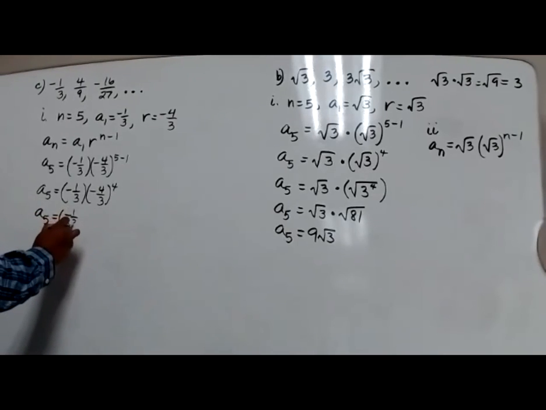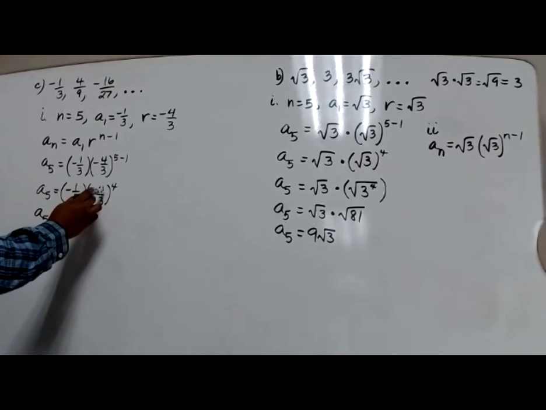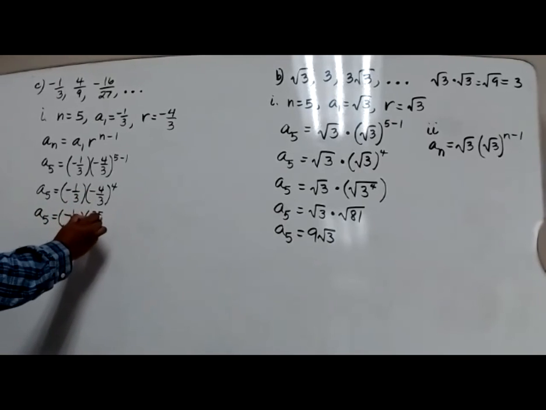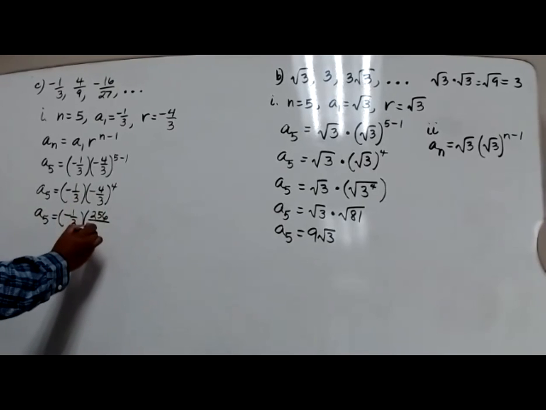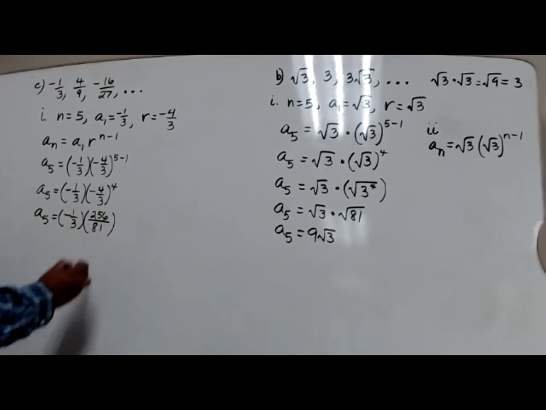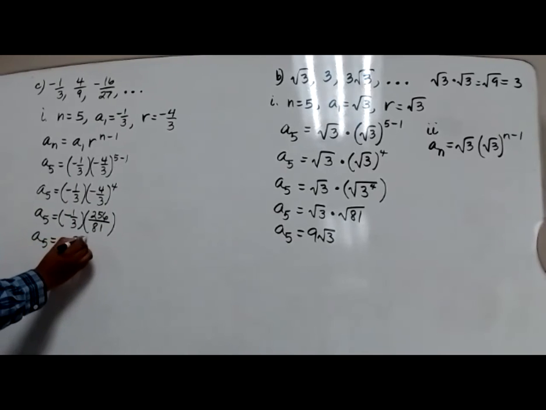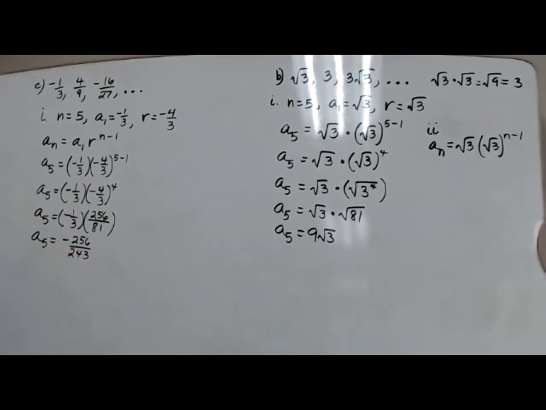So I'm going to bring down the negative 1/3. Now, negative 4 raised to the 4th was 256. And then 3 to the 4th was 81. So if I multiply this out, this will be negative 256 over 243.